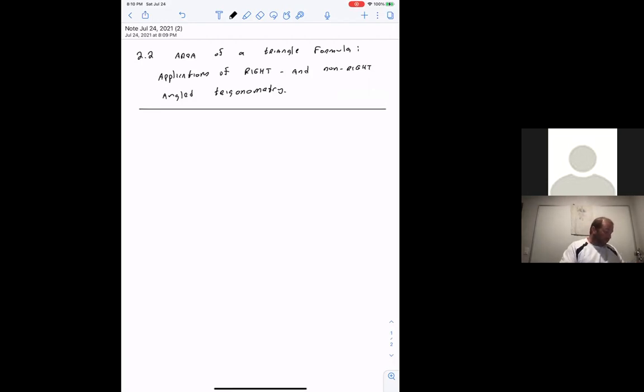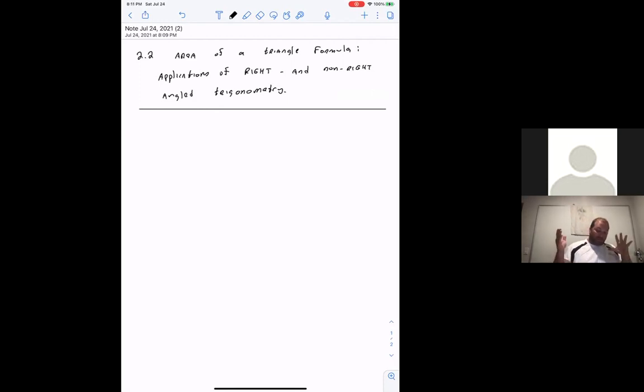So when we begin trigonometry, we start with right triangles, and in particular, we deal with SOHCAHTOA. There's two formulas for right triangles. The Pythagorean theorem relates the three sides, and SOHCAHTOA, sine, cosine, tangent, relate sides and angles.